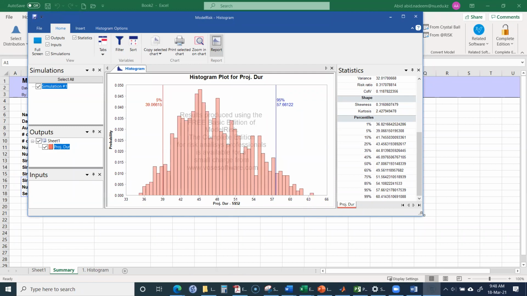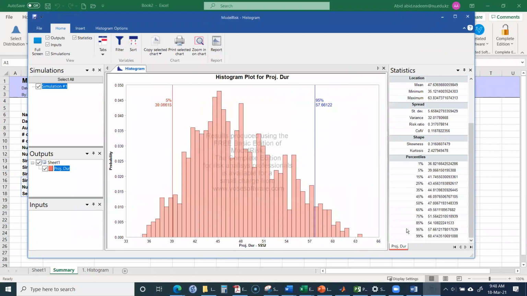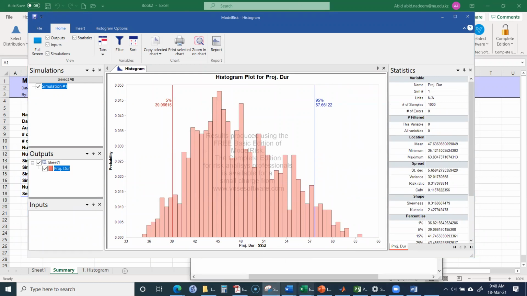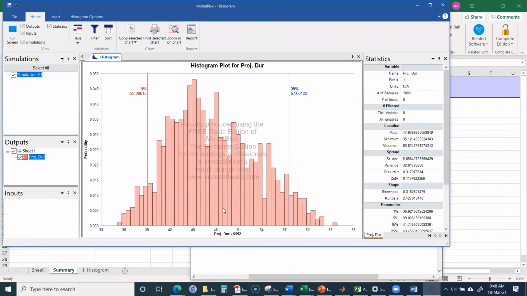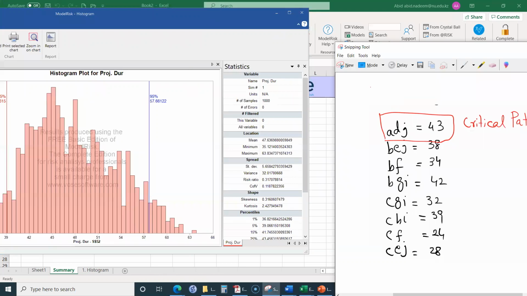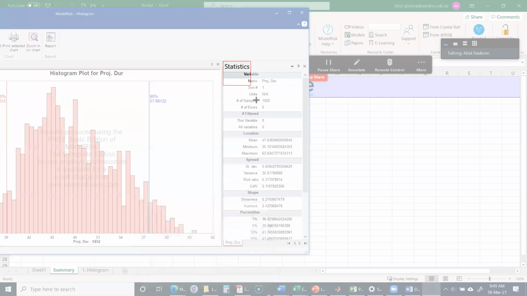However, it is recommended that you should also store this statistics over here, by just taking the screenshot of that. Okay, so for example, if I take the screenshot of this statistics, and then I can store it.